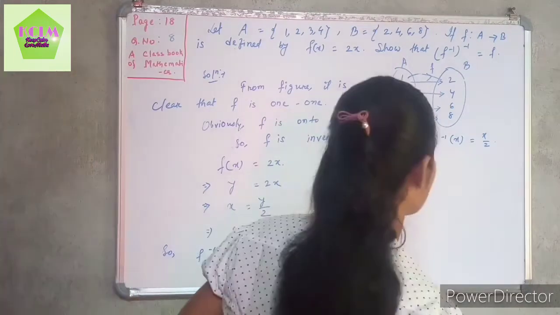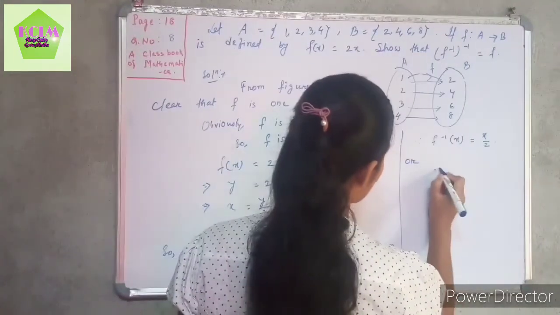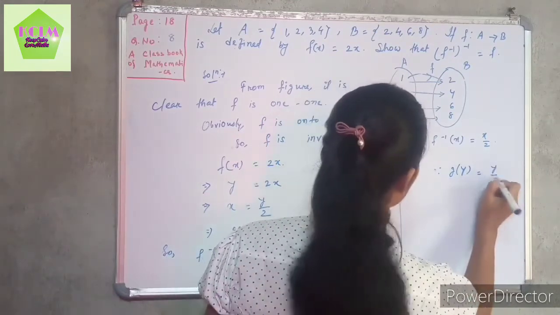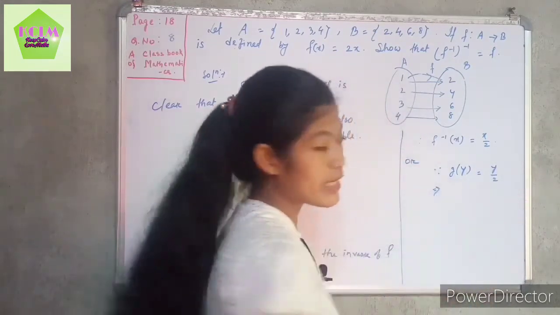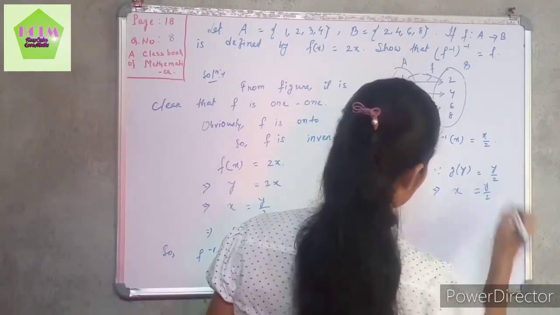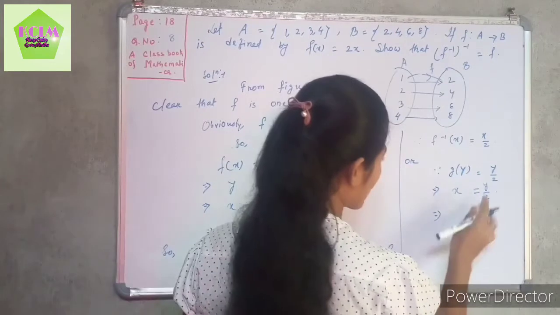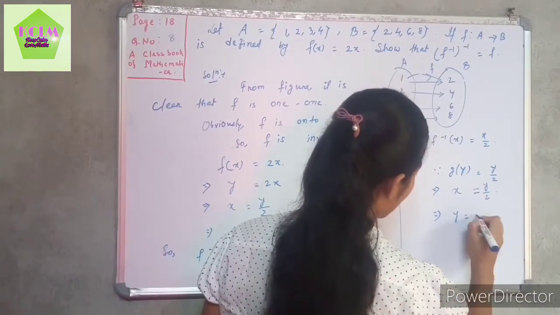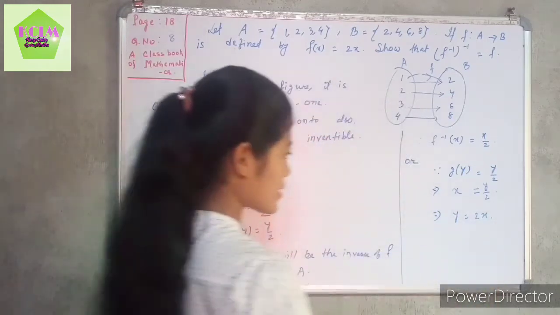We take g of y as x equal y by 2. Now we express this y in terms of x, then y will be equal to twice x.